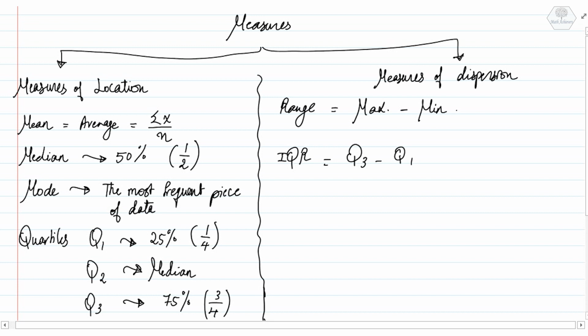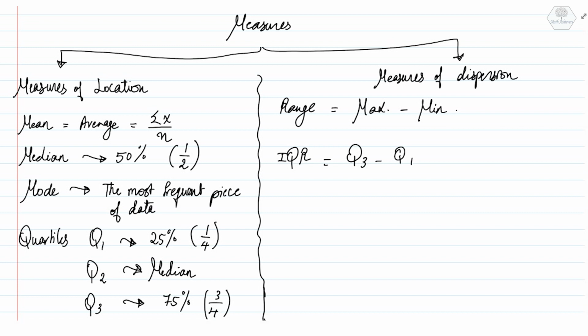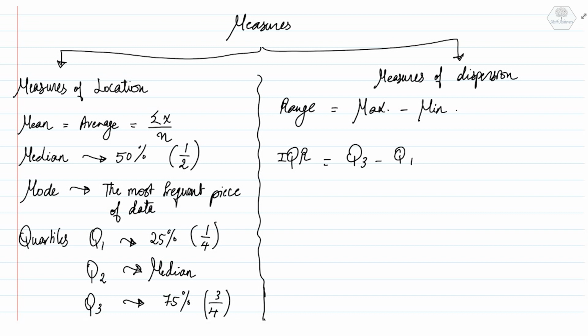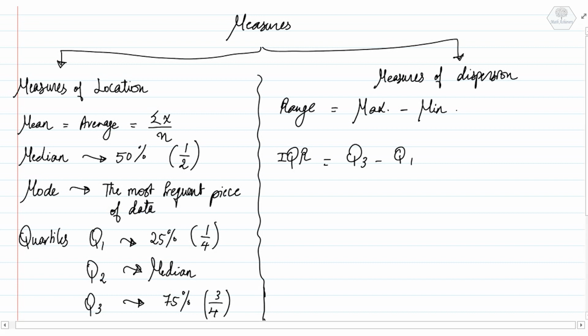And another measure of dispersion, which is so important, is the variance. The variance calculates how all values of data in my data set are deviated away from the mean. So my variance is equal to sigma squared, as a measure of the deviation of my data around the mean.